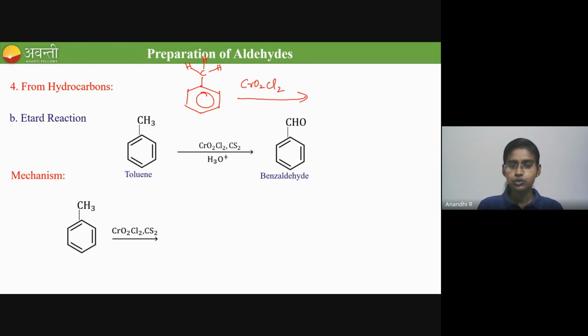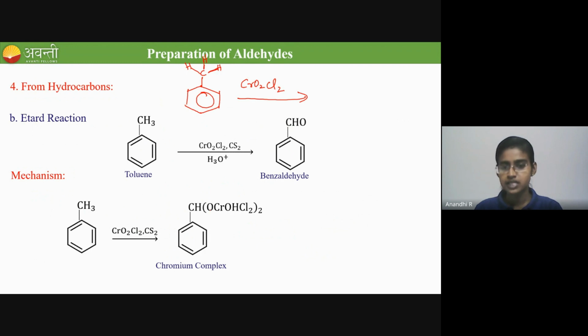So insert the CrO2Cl2 between 2 CH bonds. You will get a chromium complex like this. So between 2 CH bonds, we have inserted the CrO2Cl2 component. So we got this chromium complex, and this on acid hydrolysis leads to benzaldehyde. It's very easy. It's a very important reaction.